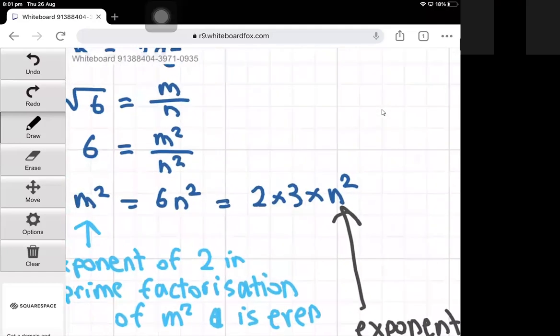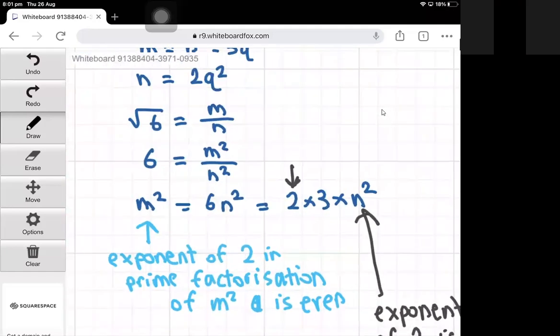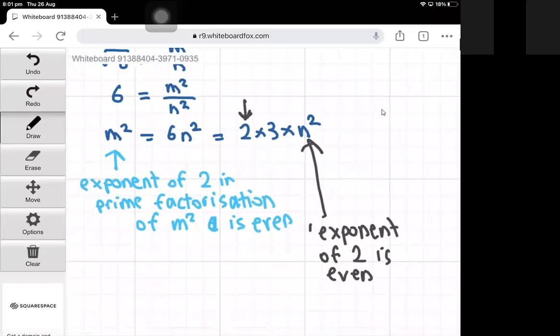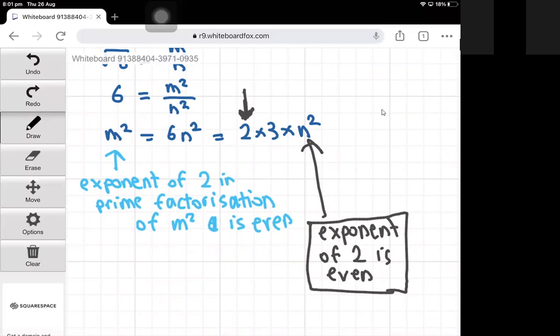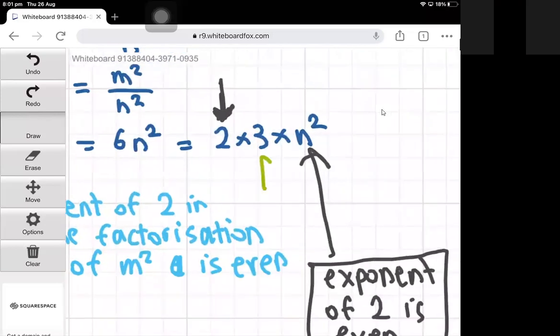However, we are also multiplying by 2 here. So we have an even exponent of 2 in the prime factorization of n squared, but we're also multiplying by another 2. And since this 3 over here has no factors of 2, it can be ignored.